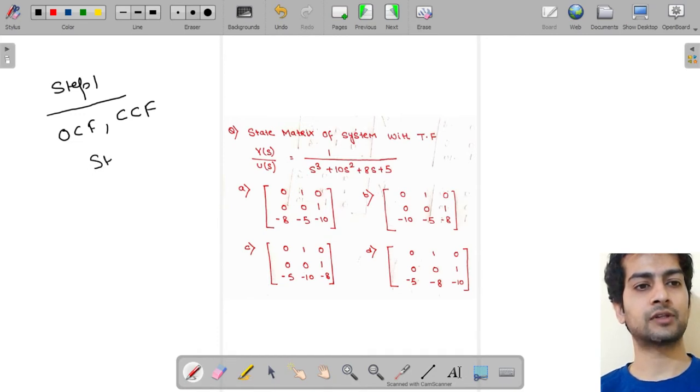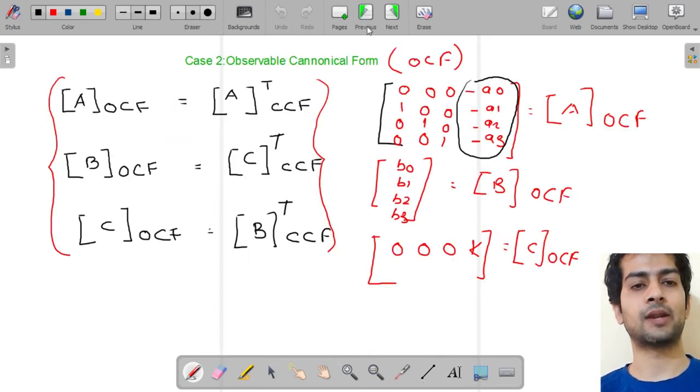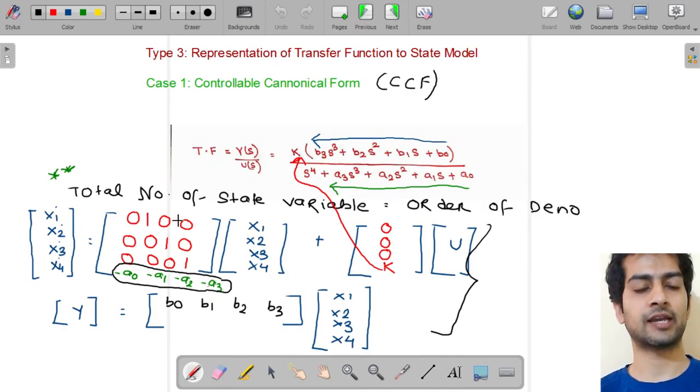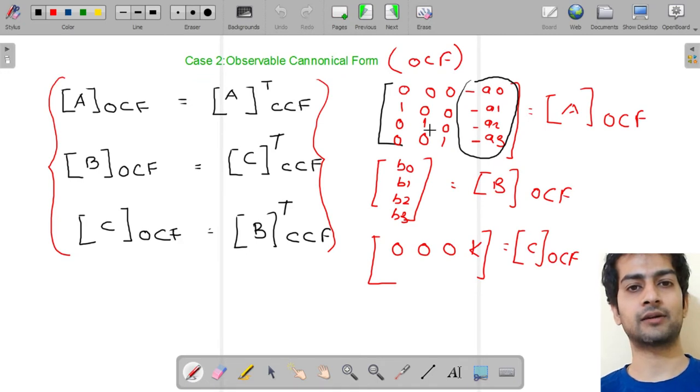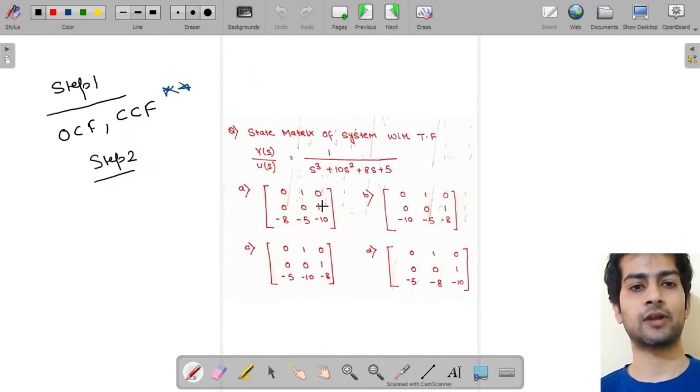This step is very important. If you are able to identify it, then you can easily apply the short tricks which I have conveyed to you, of how we find matrix A in CCF and how we find matrix A in OCF, and then you can easily get your answer. So let's see.